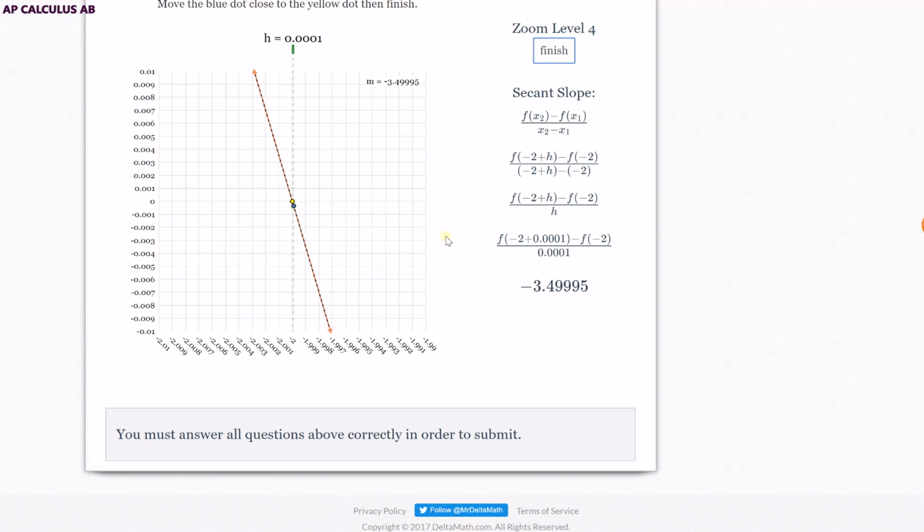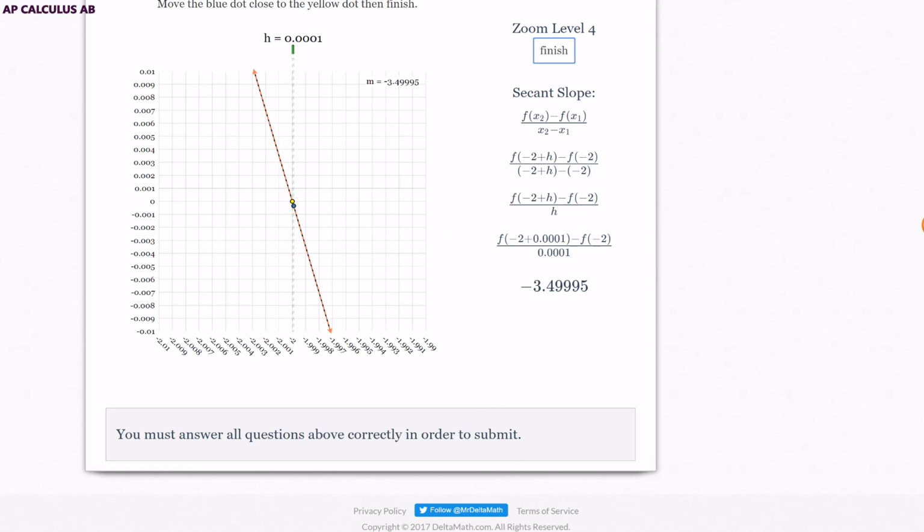So the slope of that tangent line is the same as the slope of our function at that point. And that's what we're doing with the derivative, finding the slope of that function.